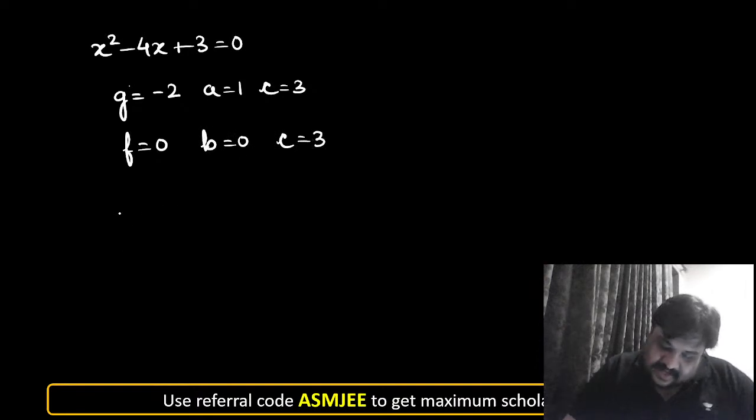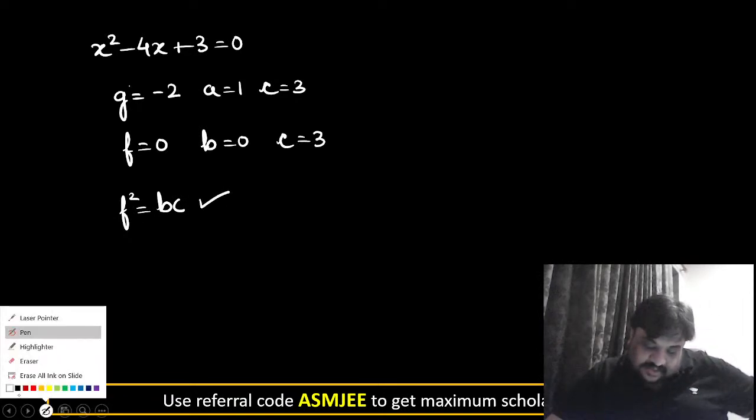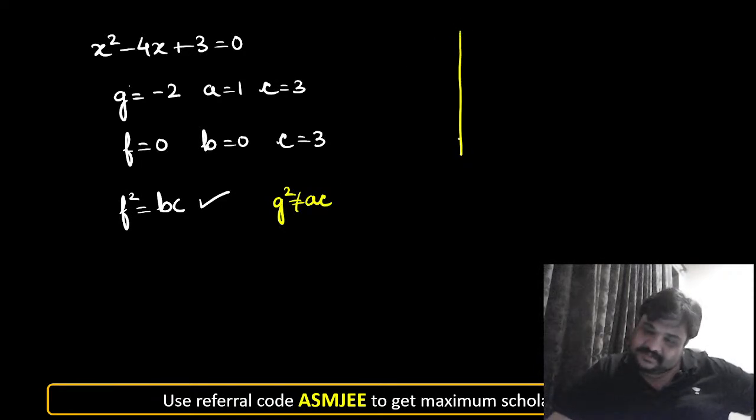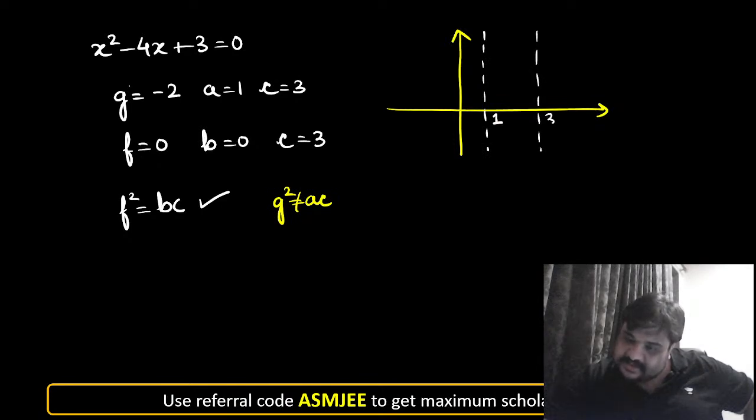So observe, f square is equal to bc. Yes, but it still does not ensure that g square is equal to ac. You can't say that both of them will coexist. But g square is not equal to ac. So what happens here? You get two lines, x equal to 1 and x equal to 3. You will get two parallel lines.